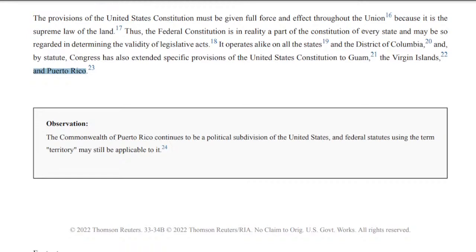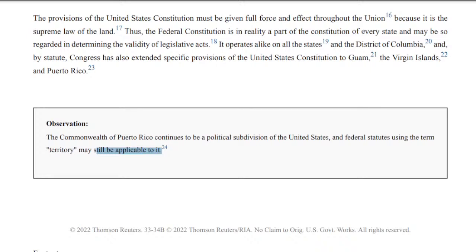So, here we go. Great observation in American Jurisprudence. These observations really help sum up all the details we just read. The Commonwealth of Puerto Rico continues to be a political subdivision of the United States, and federal statutes using the term territory may still be applicable to it.